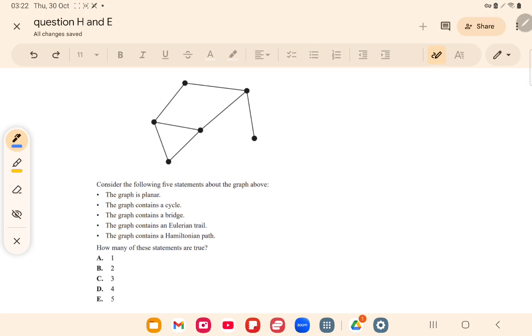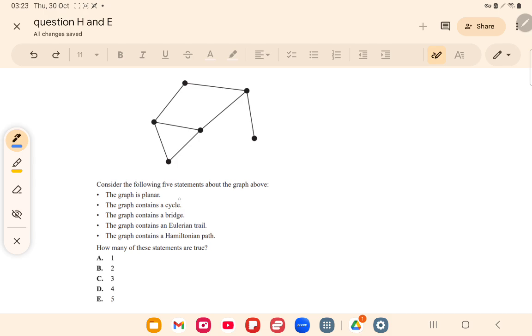Let's look at this network graph given. Consider the following 5 statements about the graph above. The graph is planar, contains a cycle, contains a bridge, contains an Eulerian trail, and contains a Hamiltonian path. How many of these statements are true? In order to answer this question, you have to have a good idea as to what each one of these concepts are.